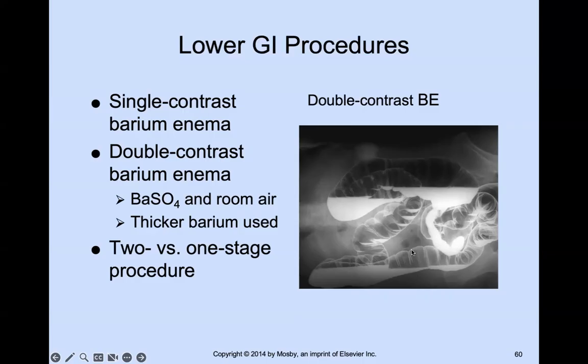Okay, and you can see the haustra nicely, right? So if we had a polyp, I'd be able to see it in here, versus if it were only single contrast with no air, for example, like in this area, how can I ever see a polyp in here if the barium is going to be superimposing it? Okay, so this is double contrast.